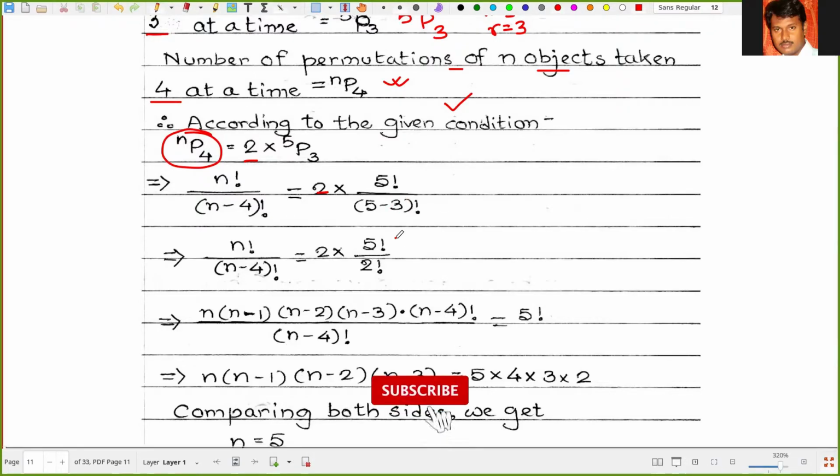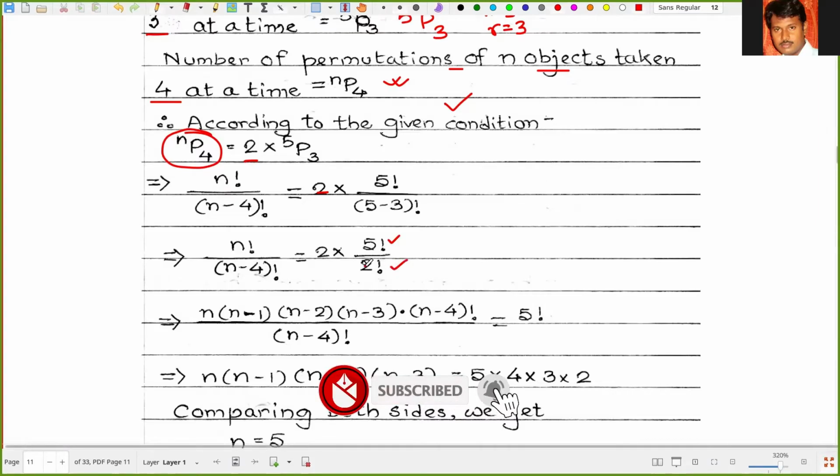So 5 factorial upon 2 factorial, and 2 factorial means 2, so that is equal to 5 factorial. Now decompose the n factorial: n into n minus 1, n minus 2, n minus 3 into n minus 4 factorial. Dividing by n minus 4 factorial, that is equal to 5 factorial.